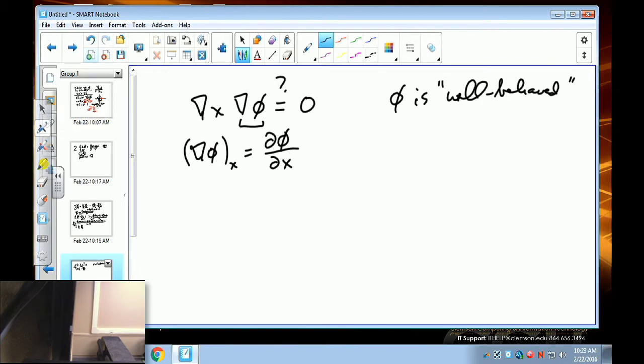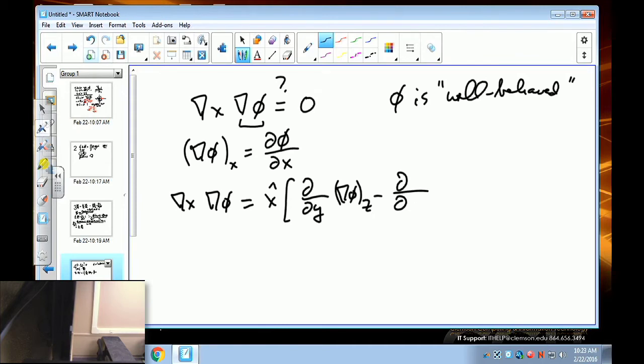And so when I'm taking the curl, let's look at the terms, for example, in the x direction. It has the derivative with respect to y of the z component of the gradient, minus the derivative with respect to z of the y component of the gradient, and so forth. The y hat and z hat components have a similar structure.